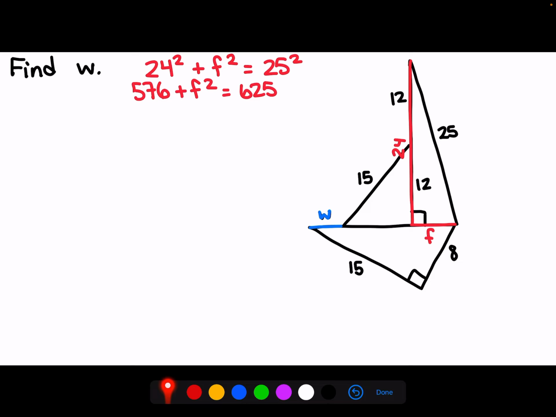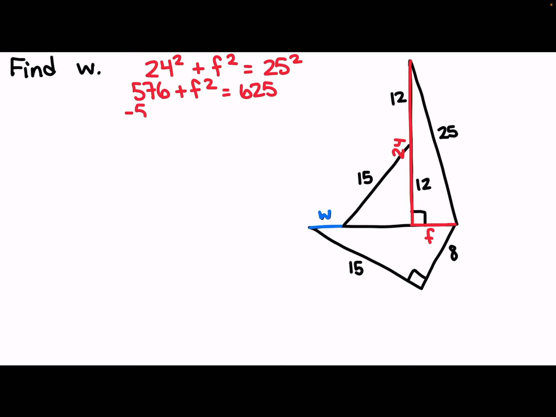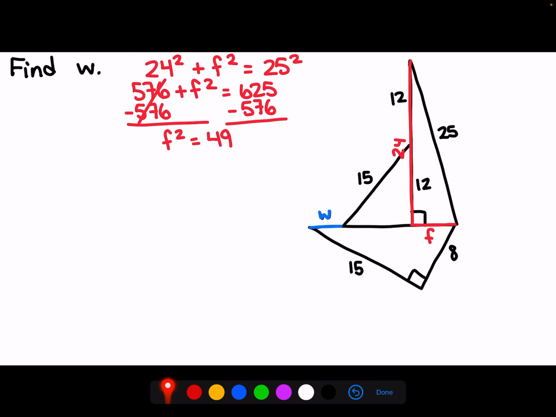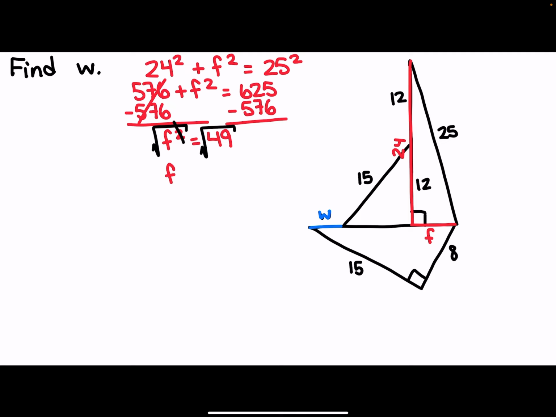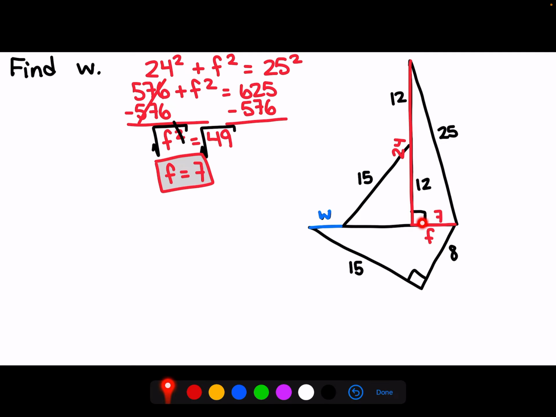Subtracting 576 from 625 to get f squared by itself will give me f squared equals 49. Lastly, to get rid of the square, I take the square root. Square root of 49 is 7. So therefore, this piece right here is 7 units in length.